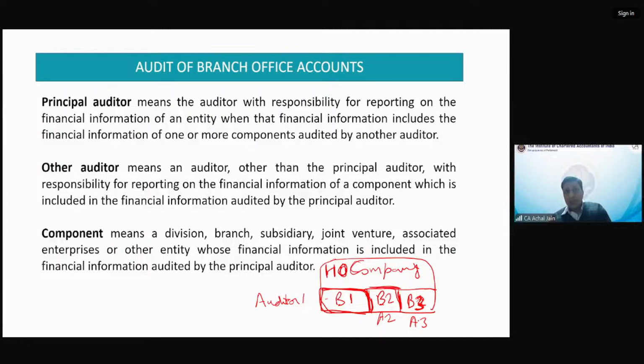Means somebody who will prepare the financial statements of the company. So who will that be? That will be the head office or the management of the company, or you can say the corporate office. Tell me who will do this exercise.